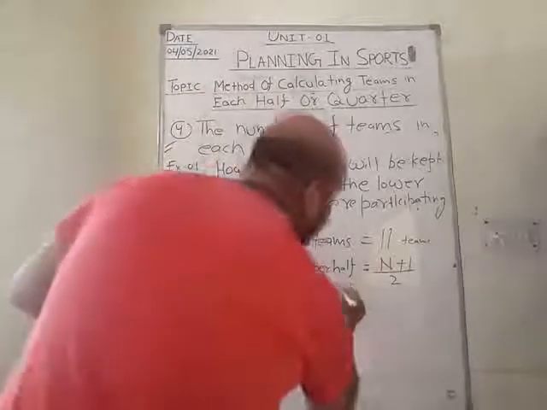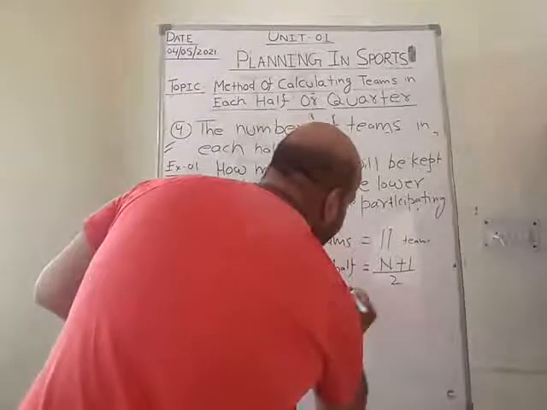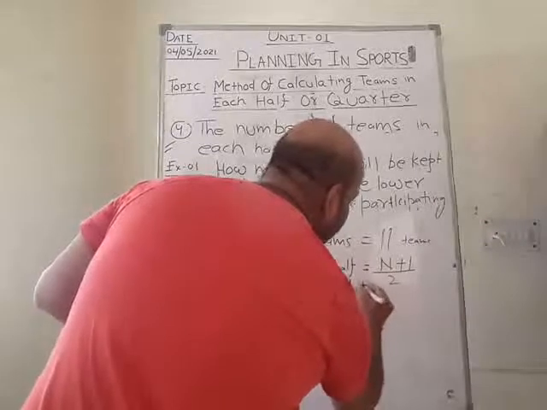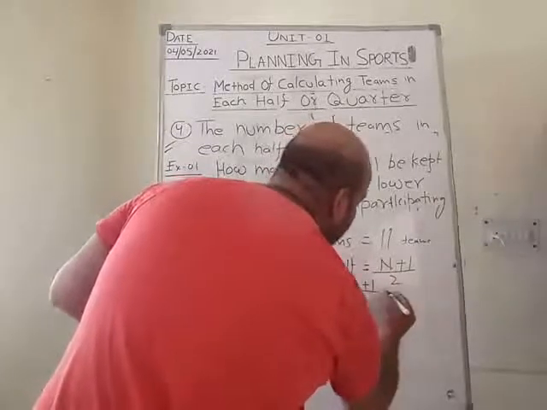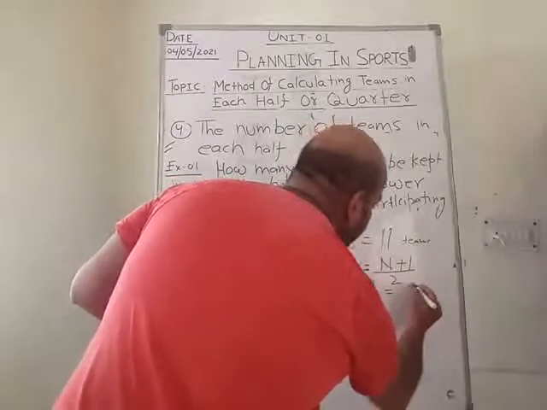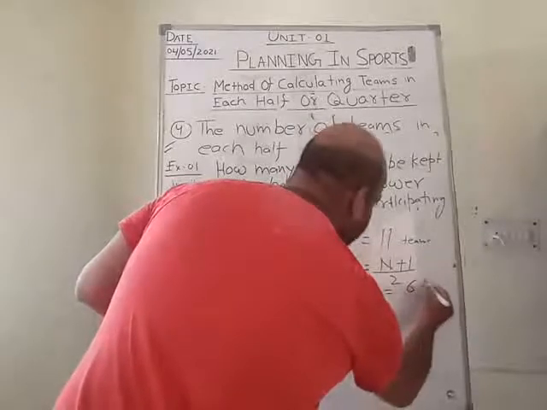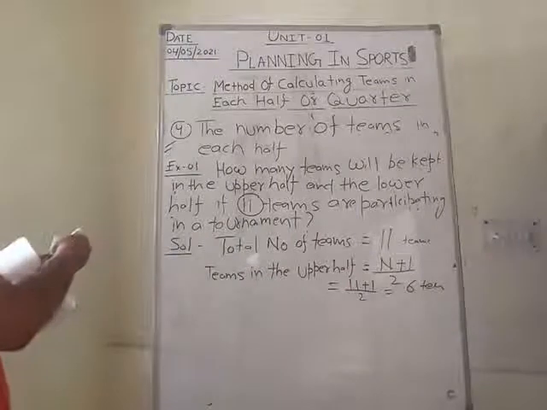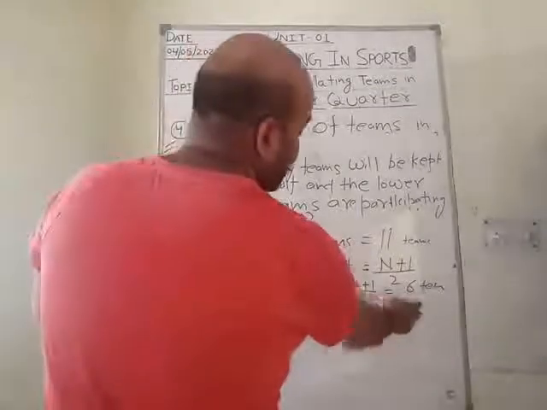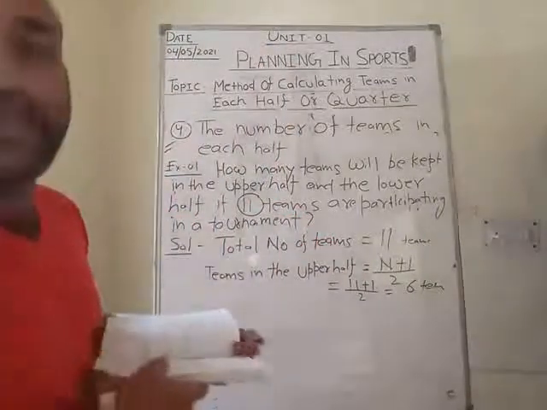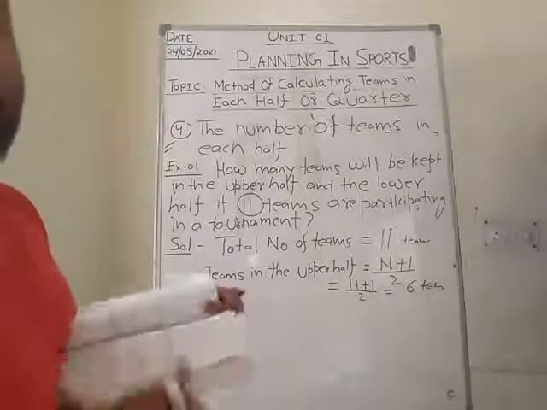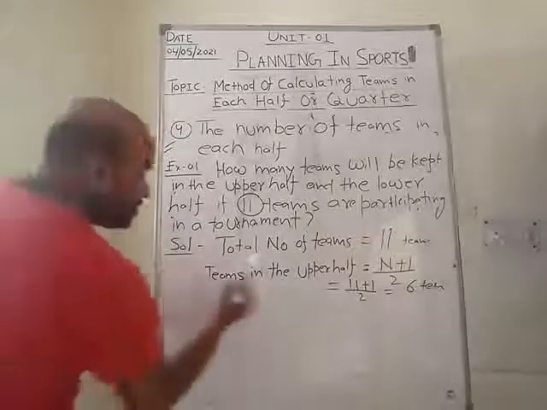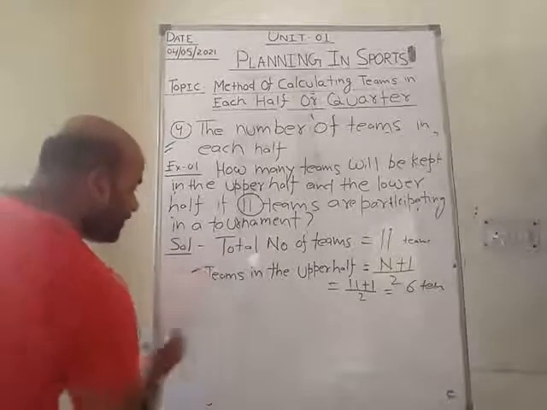So 11 plus 1 upon 2 equals 6 teams. Okay, 6 teams will come in the upper half. This is the formula for the upper half.